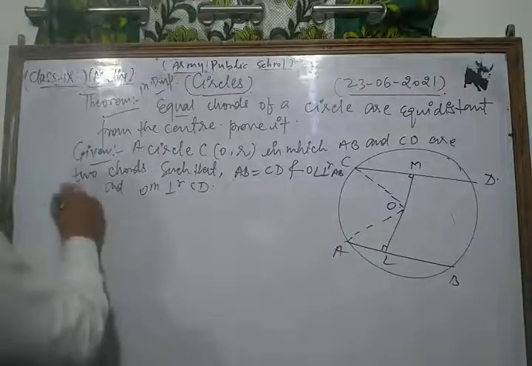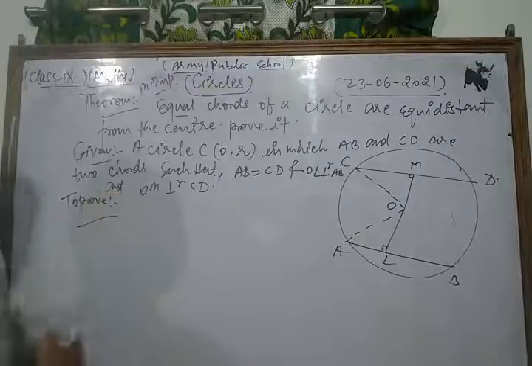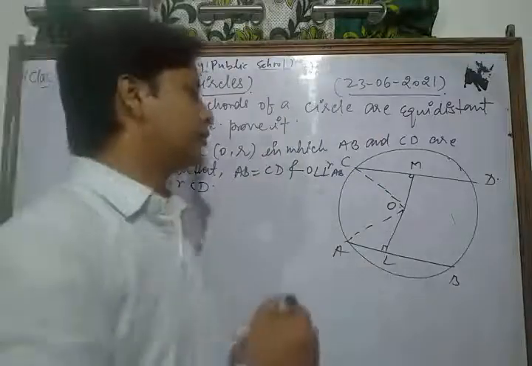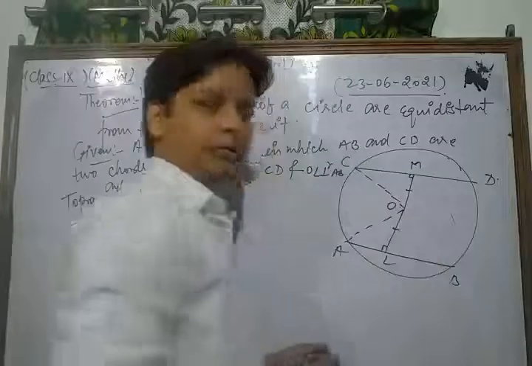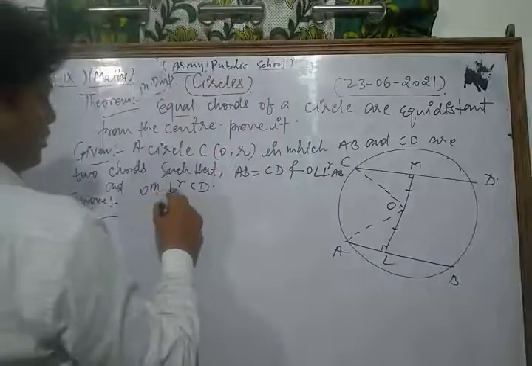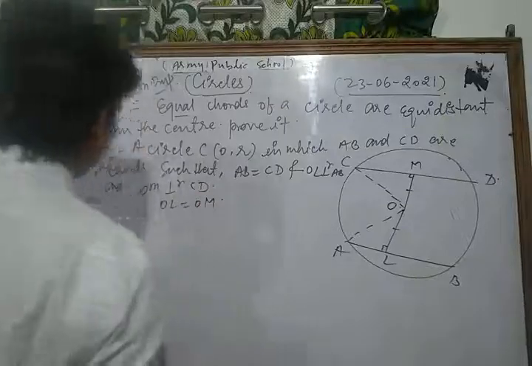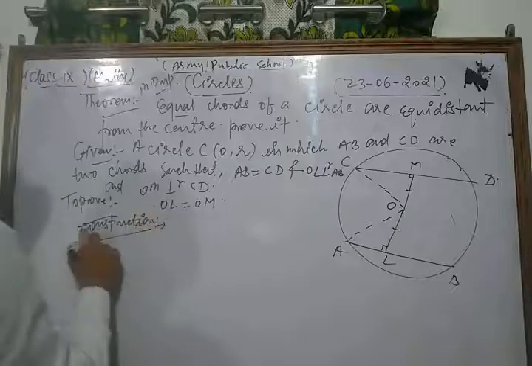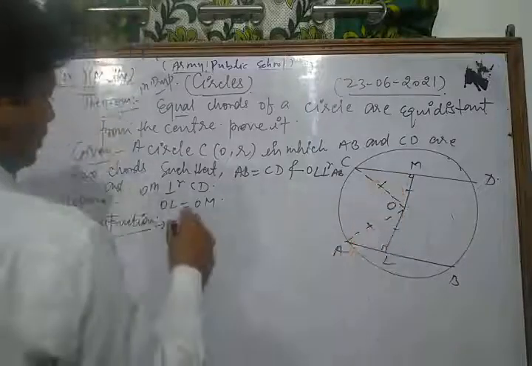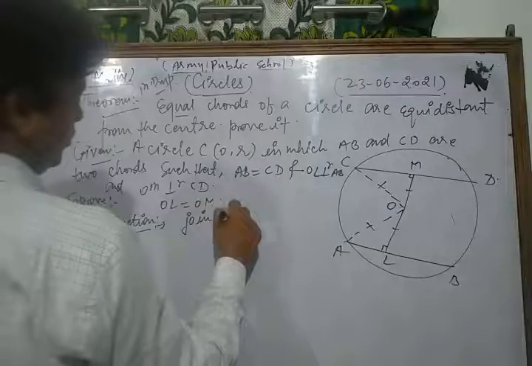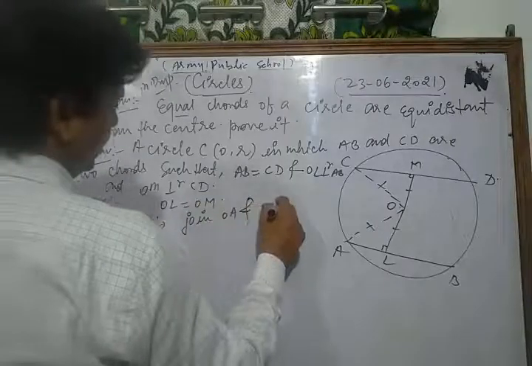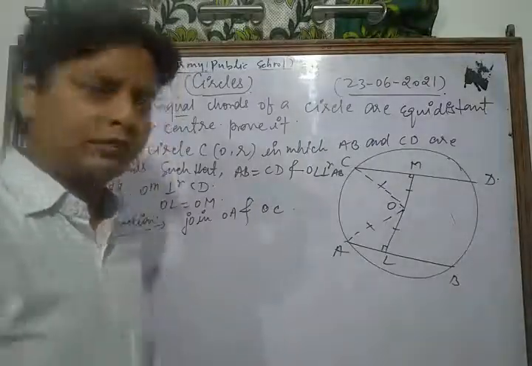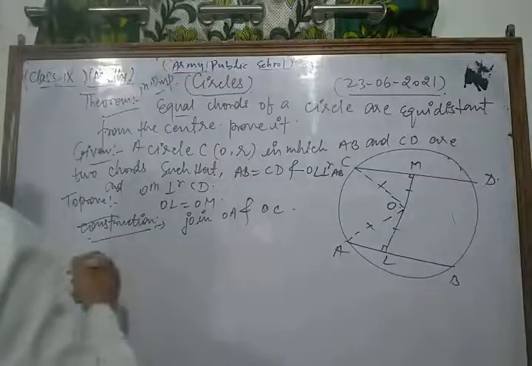Now we write what to prove: equal chords of a circle are equidistant from the center, which means we have to show that OL is equal to OM. For construction, we join OA and OC.